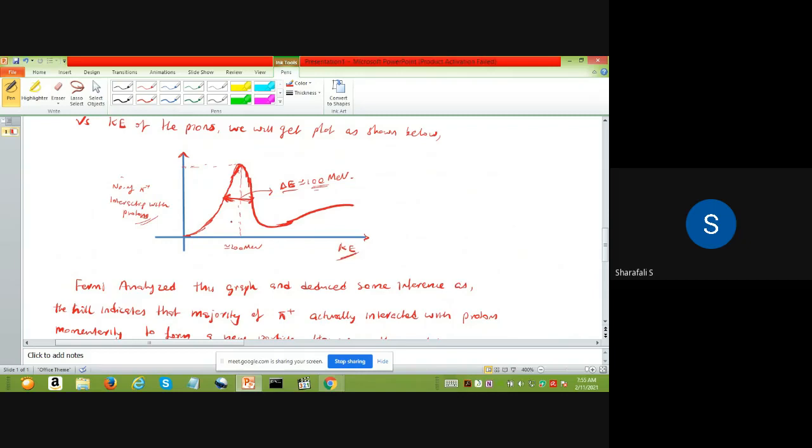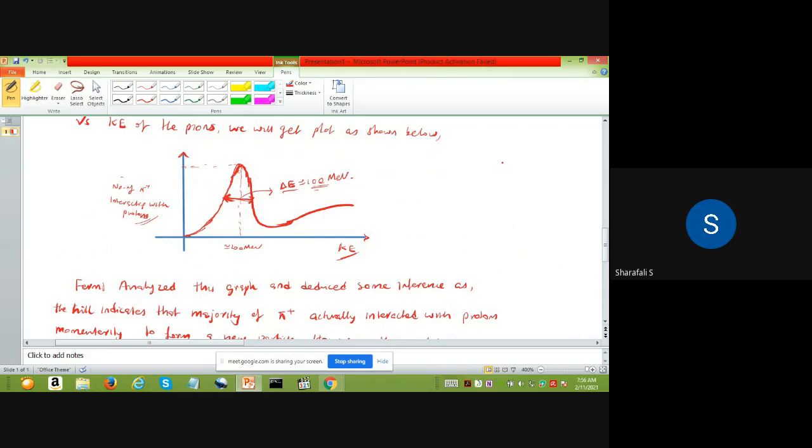If there were no interaction, we could not observe any π+ interacting with the protons, but we observe that it is π+ which is interacting. How can we observe this? We can use different analysis methods, which we will discuss in the detecting methods.